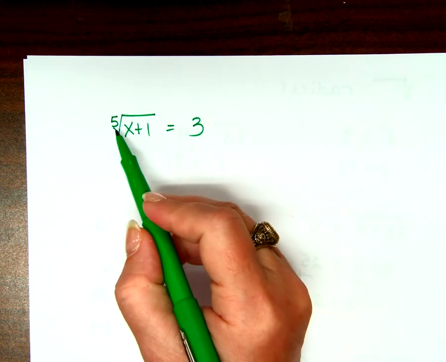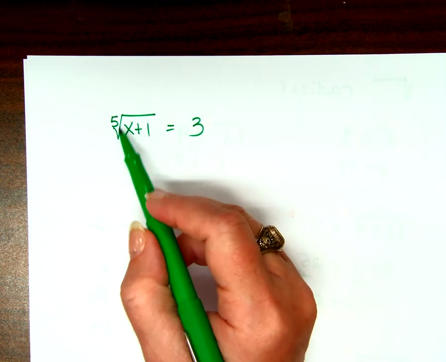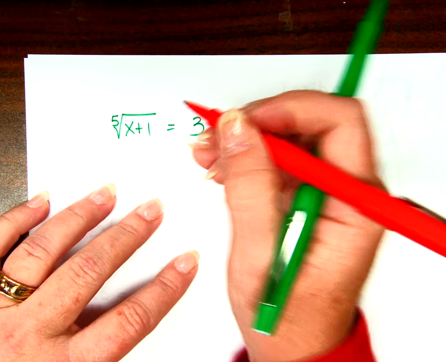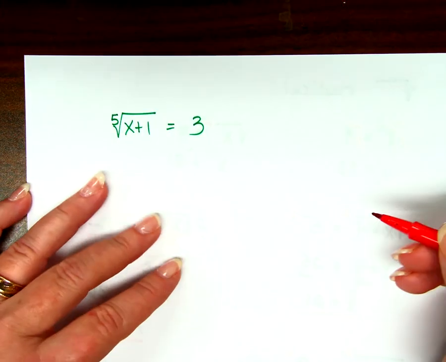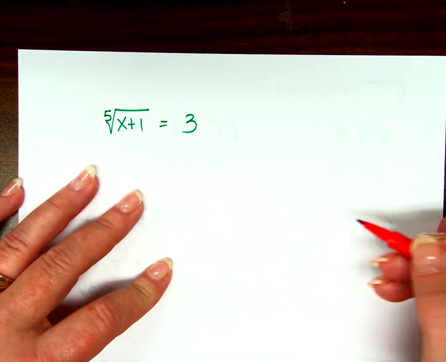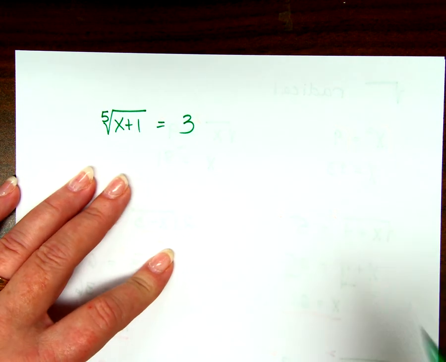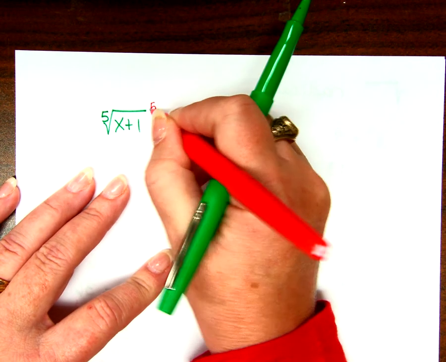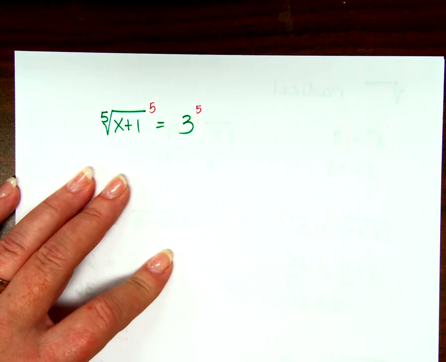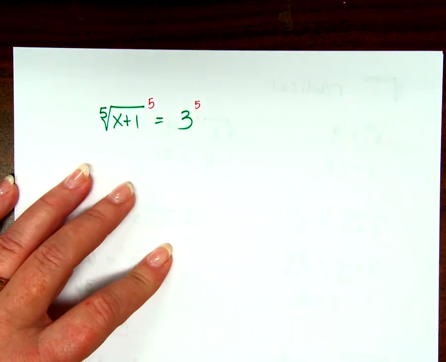So this is the 5th root. So how do you undo a 5th root? So earlier, you know what they said? You 5th it. That made me smile. Because I knew they knew what they were talking about. We just hadn't talked about the words yet, right? So we 5th it, or raise it to the 5th power, which is what you guys said, so good job.